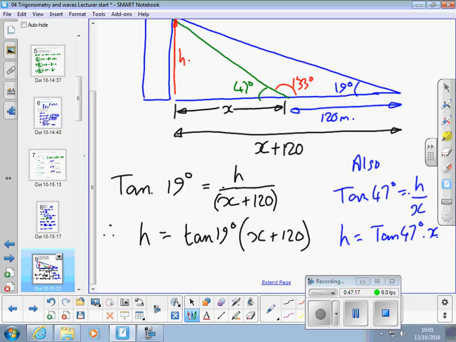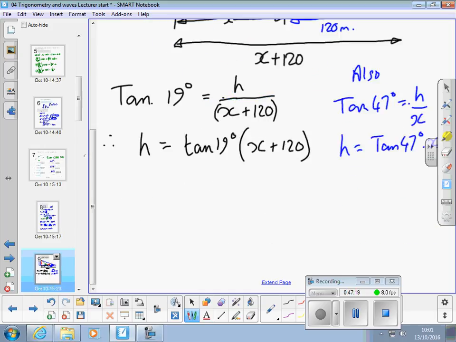Now what we've got are two different formulae that express h. Tan 19 degrees times x plus 120 is equal to h, and tan 47 times x is equal to h. H and h are the same thing, they're equal.